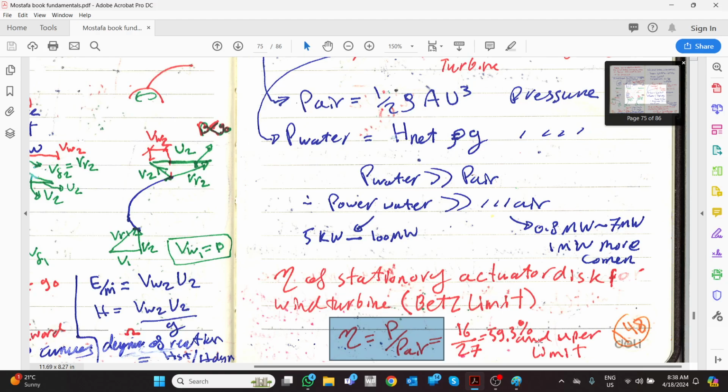It is impossible to get more. If you start to reduce more and more the exit velocity, you are reducing the mass flow rate, so you are reducing the power you get, and so you are reducing the efficiency.